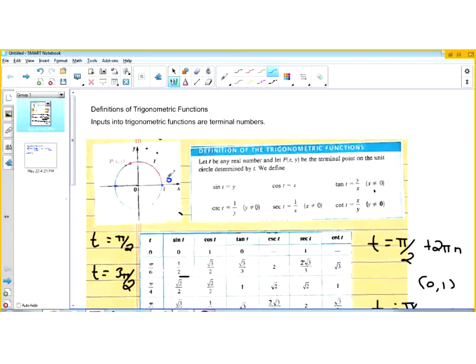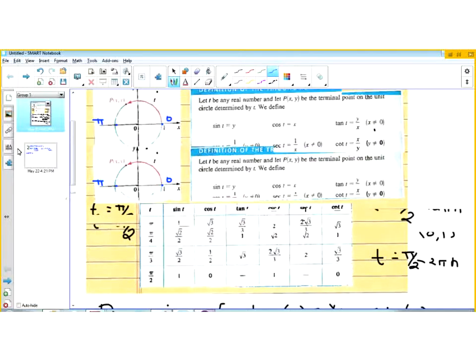So this has terminal number 0, this has terminal number pi. Okay, and if I were to do another lap around the unit circle, I would go 2 pi, so 2 pi has a terminal point of 1, 0, and 3 pi, and so on. So any integral multiple of pi would have a terminal point with ordinate 0.